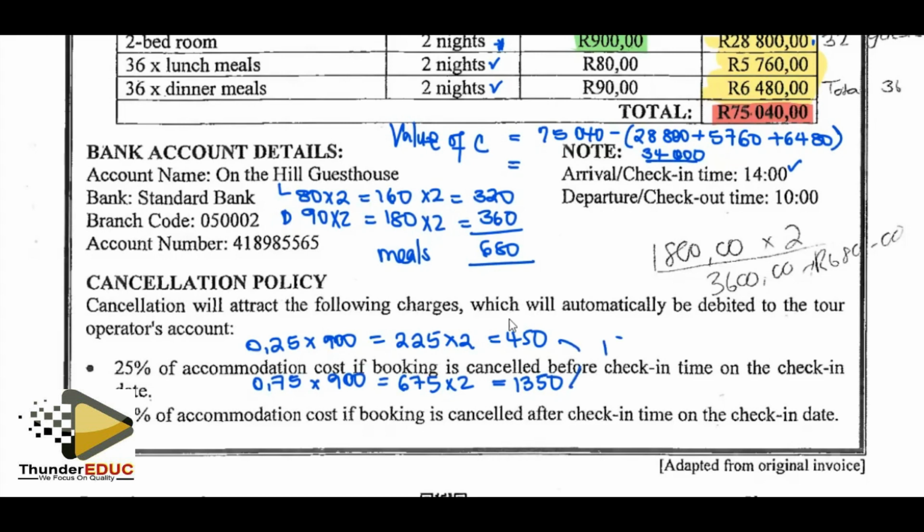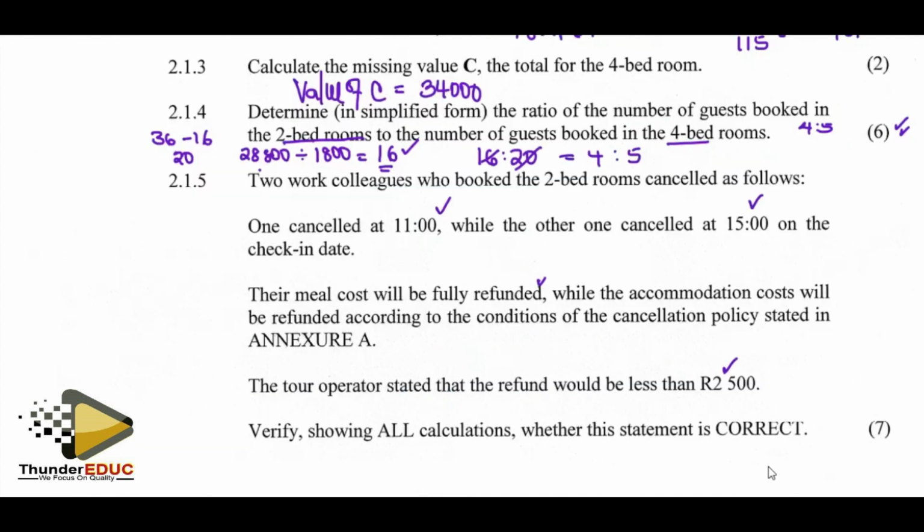So we added up the money for accommodation, which is 1,800. We added the money for the meals. This is what we get. So the claim says it will be less than, indeed, because we've got the money as.